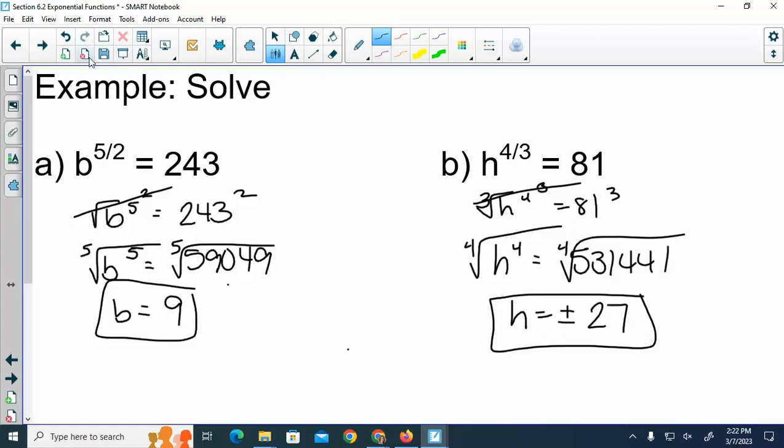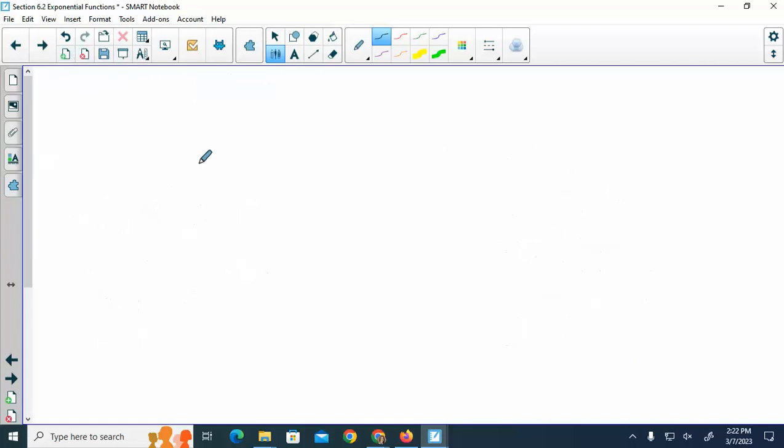Okay, the second thing I want to talk about is exponential inequalities. With these inequalities, it is similar to the exponential equations in that we want to get a common base.